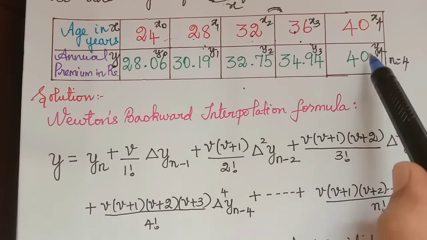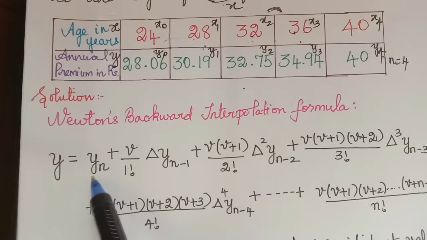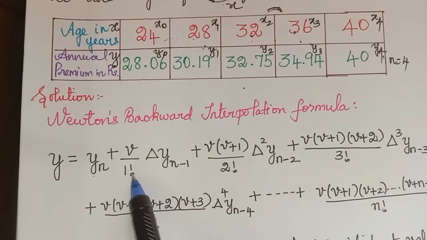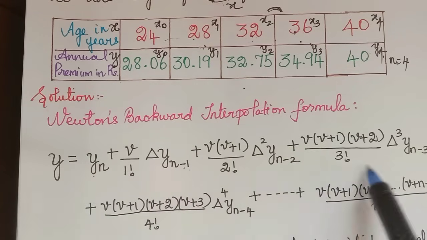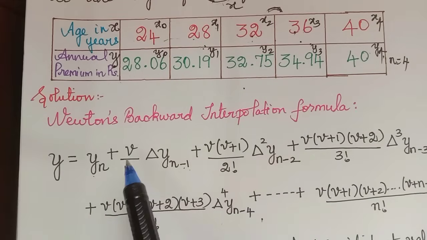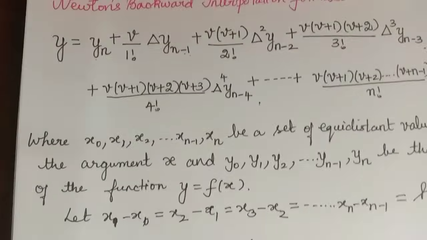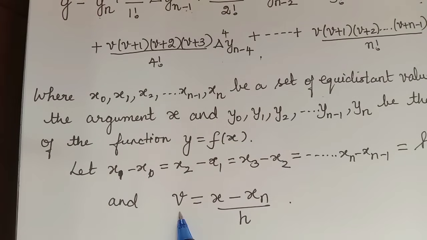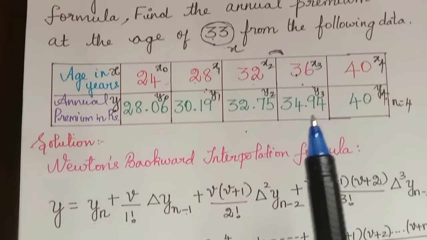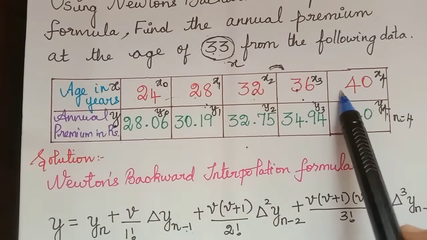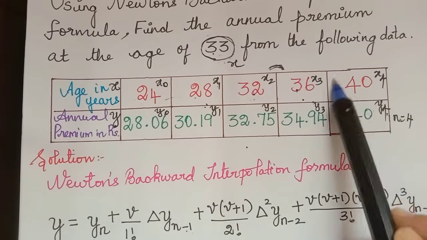So y equals yn plus v divided by 1 factorial delta yn minus 1, and so on. All these delta values we will be taking from the difference table that we will be constructing. And this v value is calculated using v equal to x minus xn divided by h. What is this xn? Xn is the last value, that is x4, which is 40.